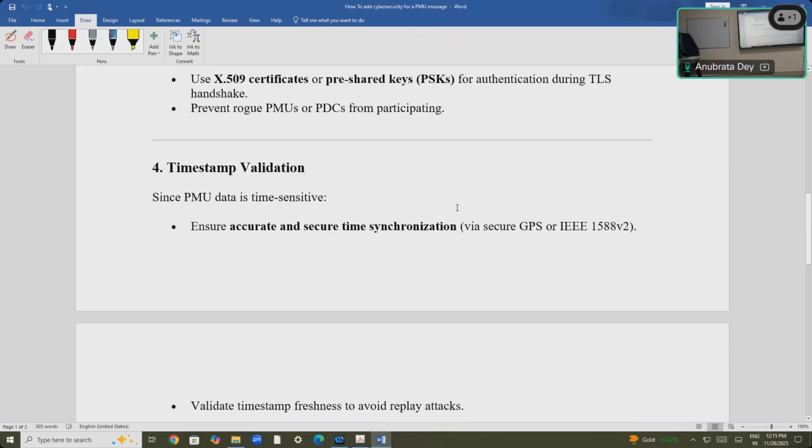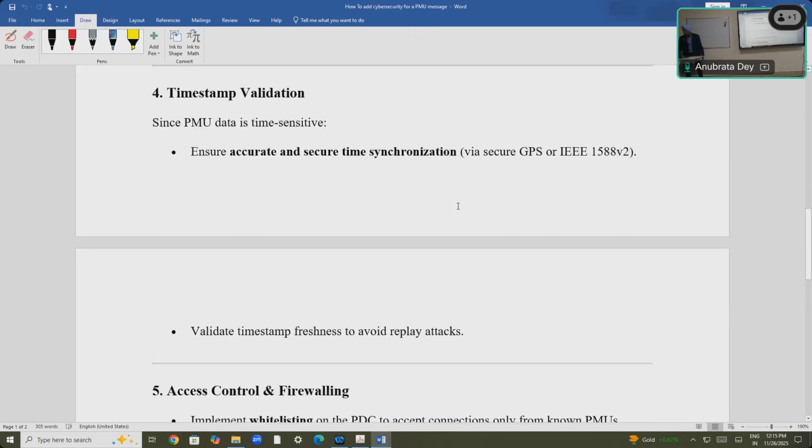Another one, again better than nothing, is timestamp validation, right? Because the data is time sensitive, to ensure accuracy and security we use GPS or the IEEE 1588 standard for synchronization.